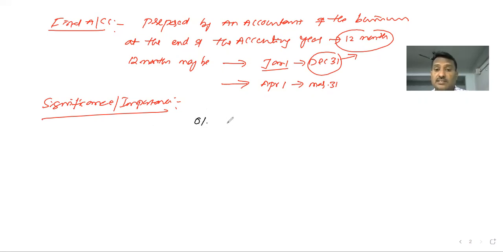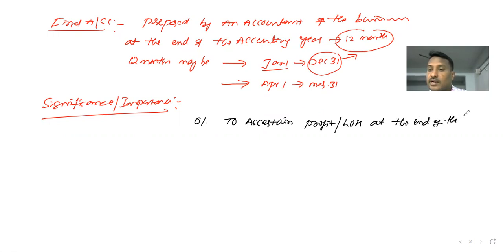The first reason is to ascertain, meaning find out, the profit or loss at the end of the year, one accounting year.